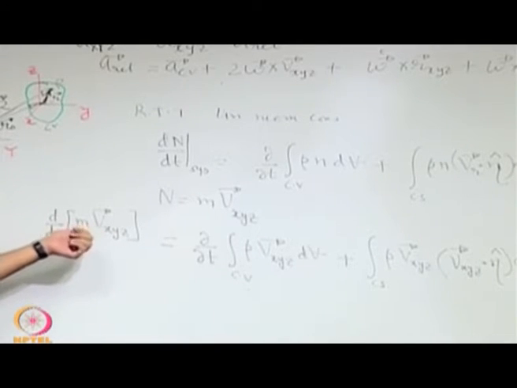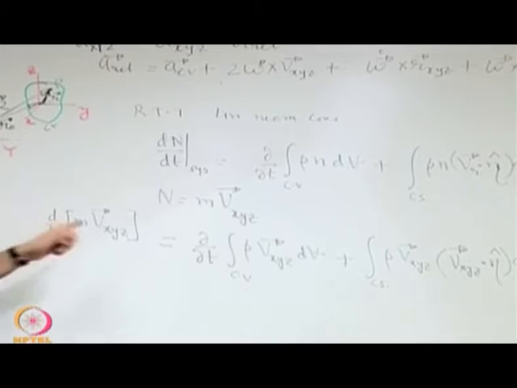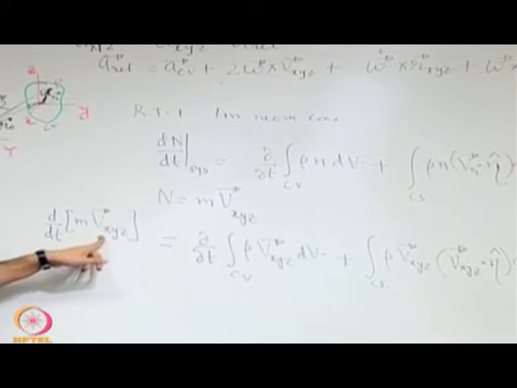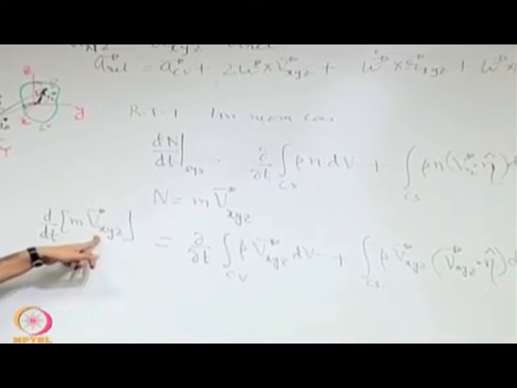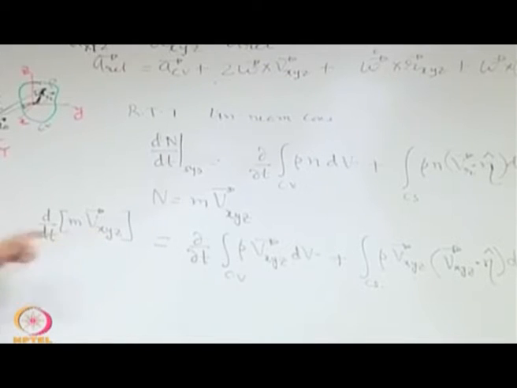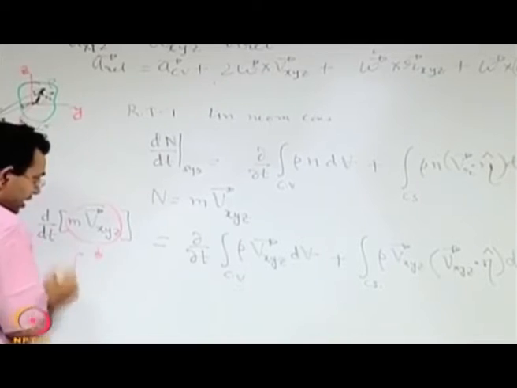If we write that as mass of the system times this velocity, we are implicitly assuming that the entire mass of the system is having this velocity, which is not correct, because fluid is a deformable medium, and in general you can have different velocities at different points. So it is not appropriate to write it in this way, but write it as an integral form.